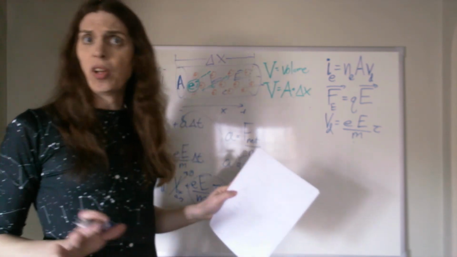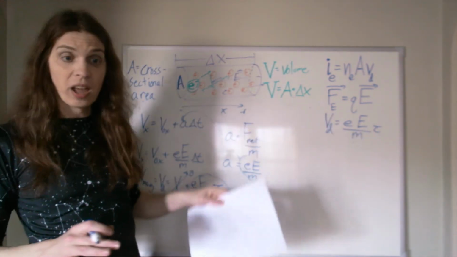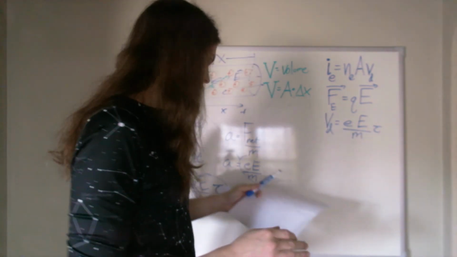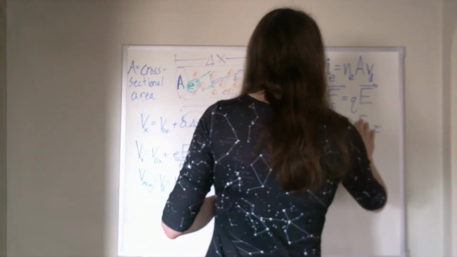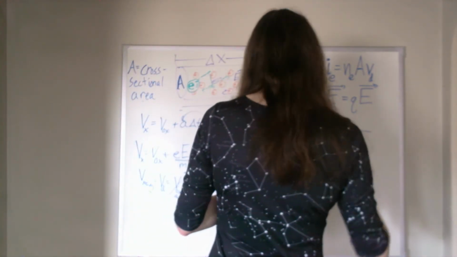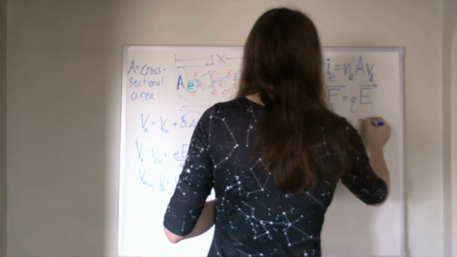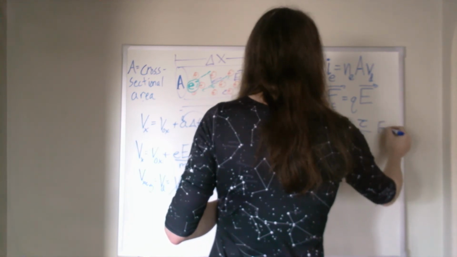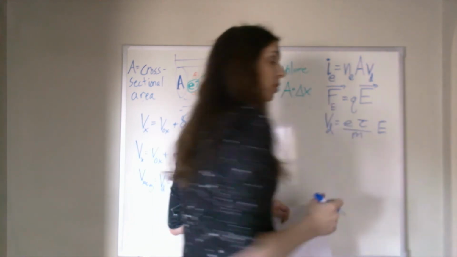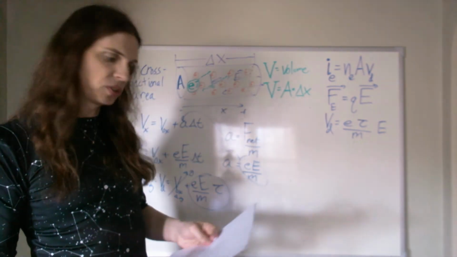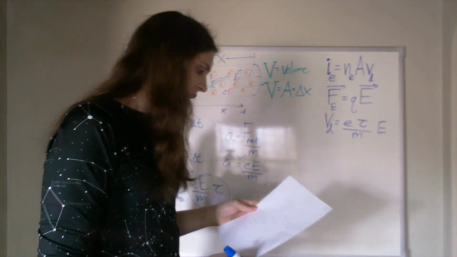In fact, it's often useful to reorganize the arrangement of these letters here and stick the field off here. So we can say that it's in proportion to the field strength.